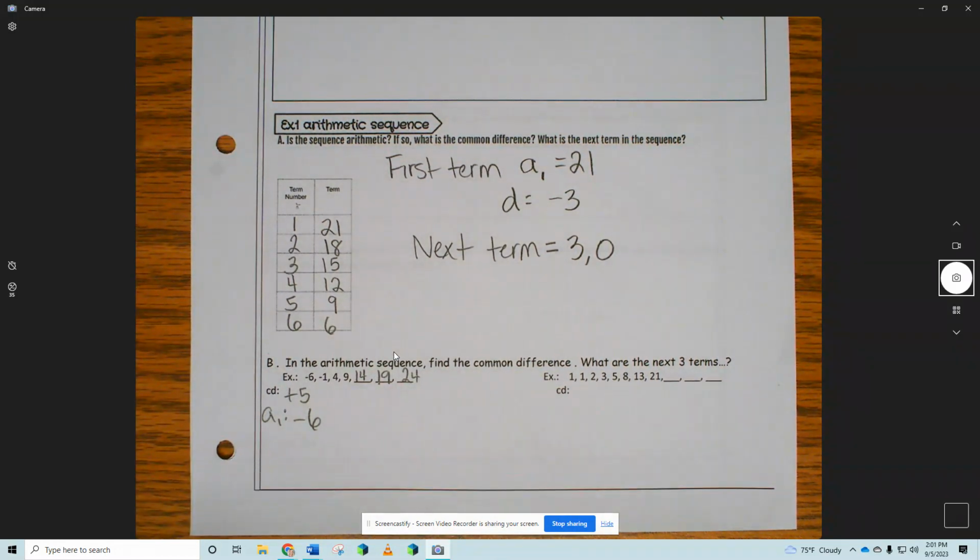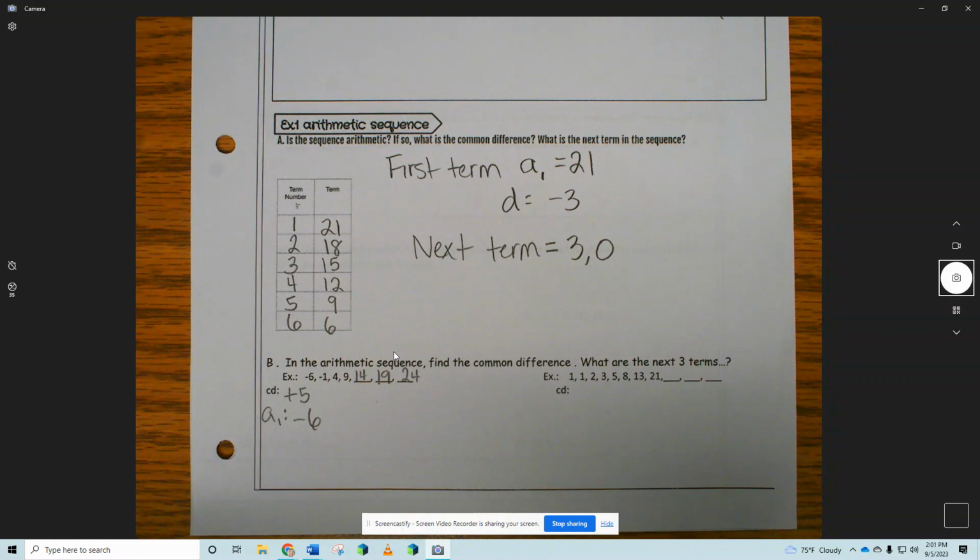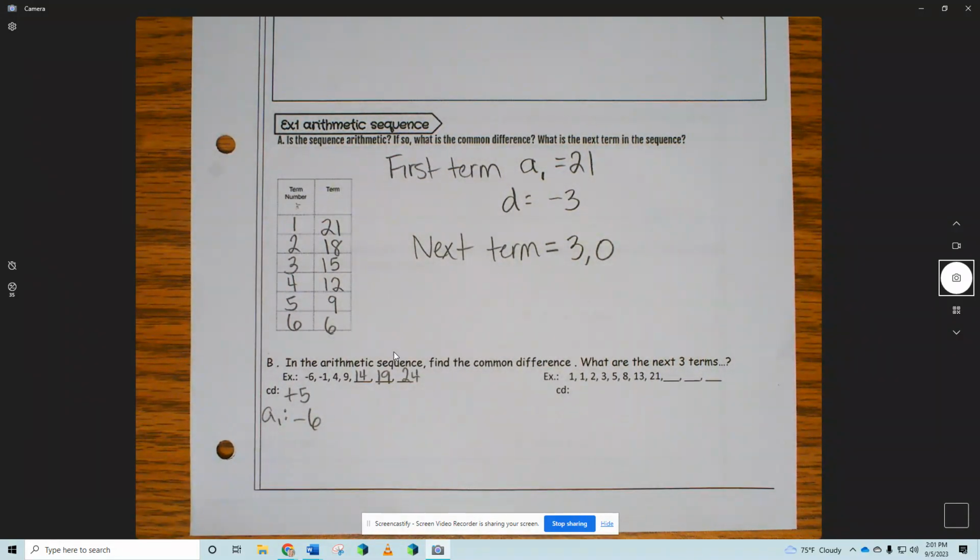Second one. This is harder. Discuss with someone what the common difference could be. This is not straightforward and easy. You have to figure out what's going on in this pattern. So, go ahead.